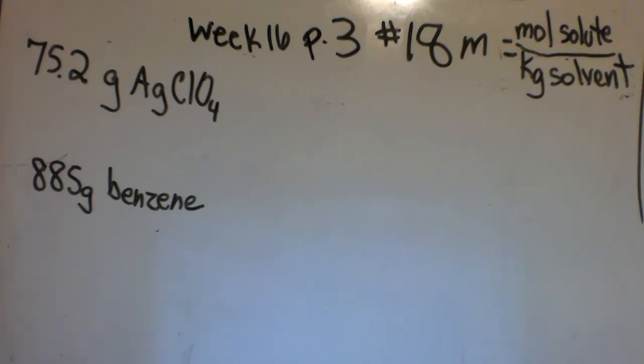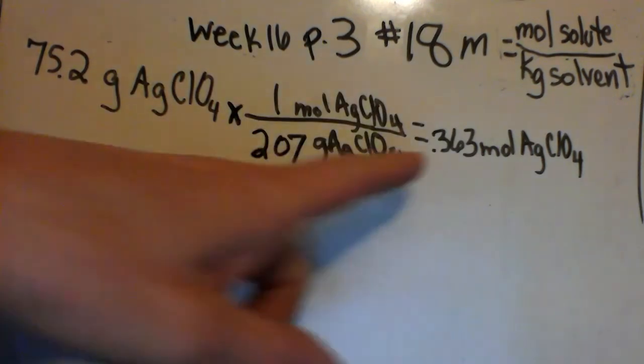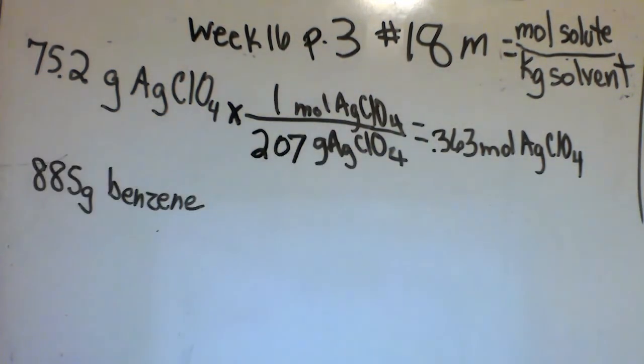The silver perchlorate is the only one we can figure moles for in this problem anyway, so we're going to call this the solute. We have to convert the silver perchlorate into moles. When we convert 75.2 grams of silver perchlorate to moles, we divide by its molar mass of 207, and we get 0.363 moles of silver perchlorate.